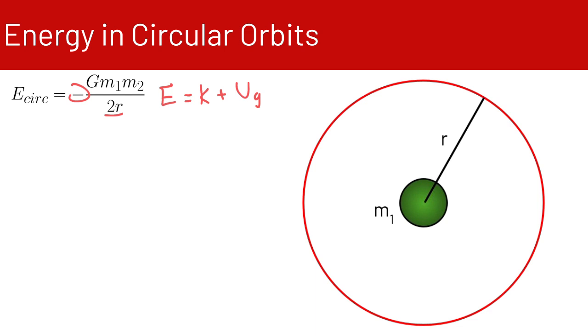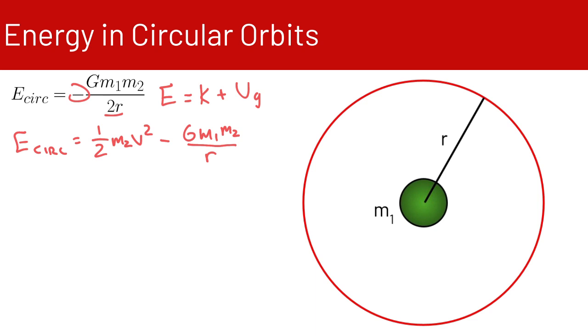So we have E circular is equal to 1/2 m2 v squared minus G m1 m2 over r.